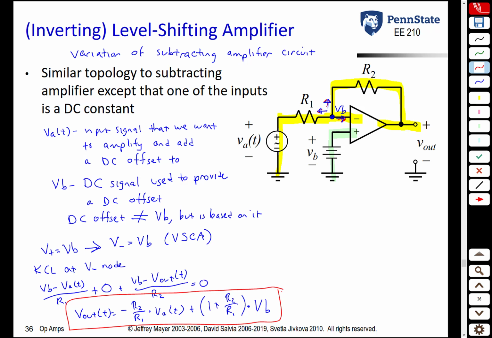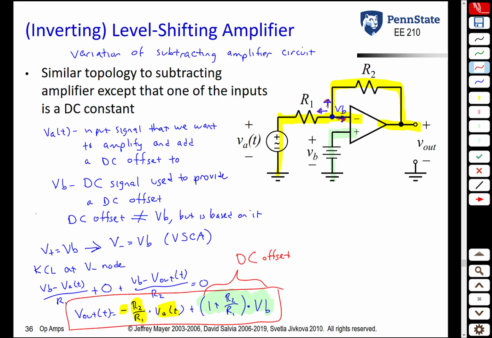Let's analyze this and see what we have. What we see is our input signal, VA of t, is inverted. That's that minus sign. It is amplified by R2 over R1. So similar to a standard inverting amplifier, we get the same thing here. But the other thing we get, though, is this term on the right. The second term here is our DC offset.